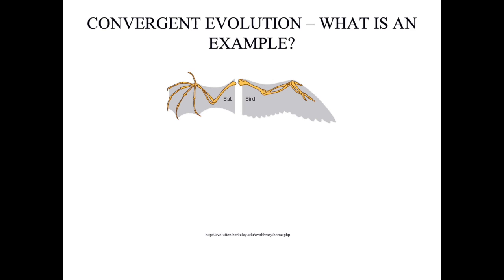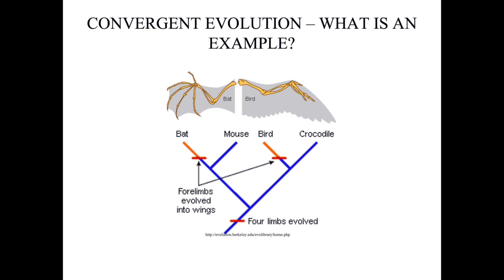However, both wings serve the same function. So you see that trait again where they came from a tetrapod ancestor, but yet those forelimbs from a bat on the mammalian chain developed into wings for the same function as the wings of a bird developed, to allow for flight.